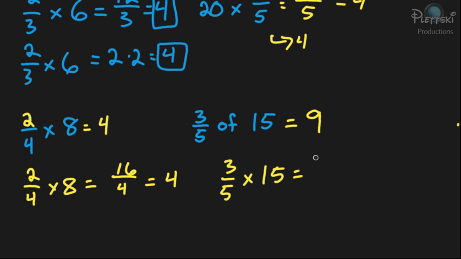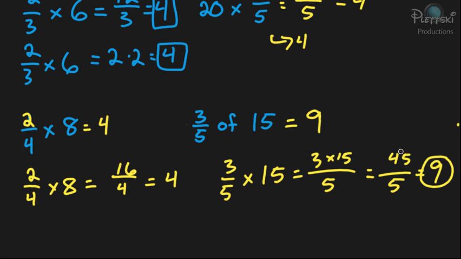So we can multiply the numerator times 15 and put that over the denominator. And 3 times 15 is 45. And then 45 divided by 5 is 9. So you'll get the same answer.